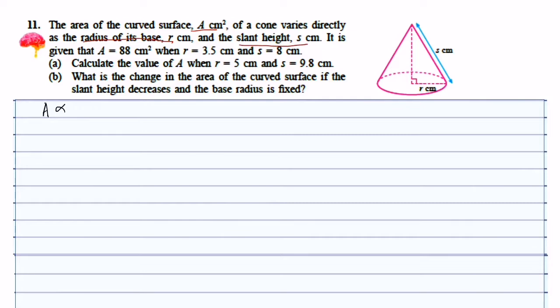So we write it as rs. Okay, after we write the variation, then we write it in equation form. A equals krs.